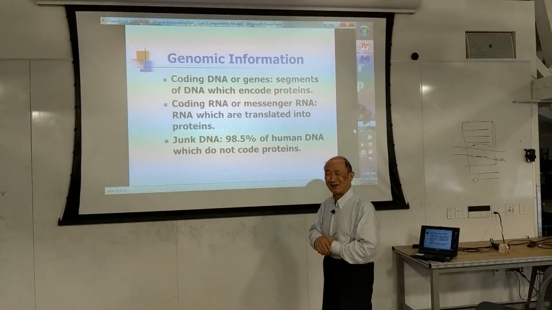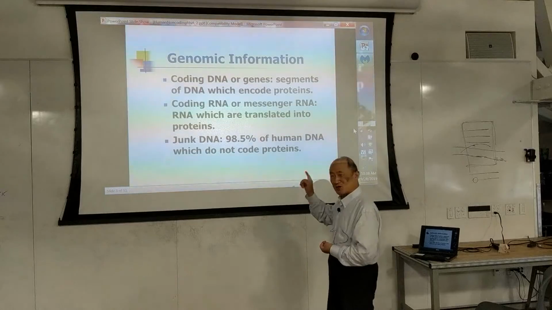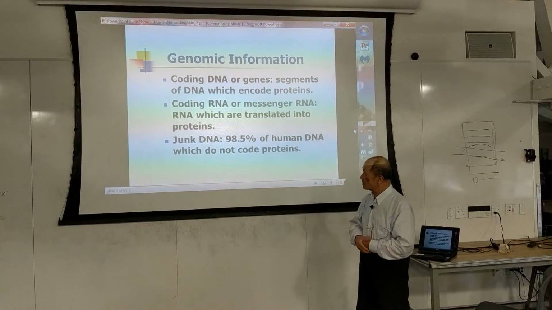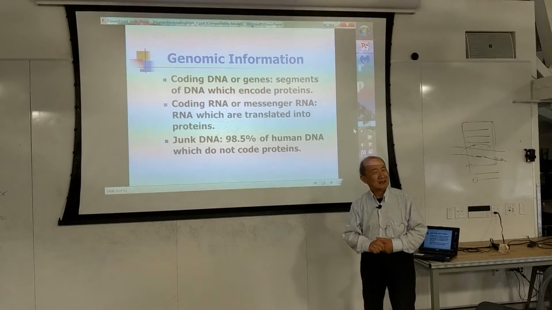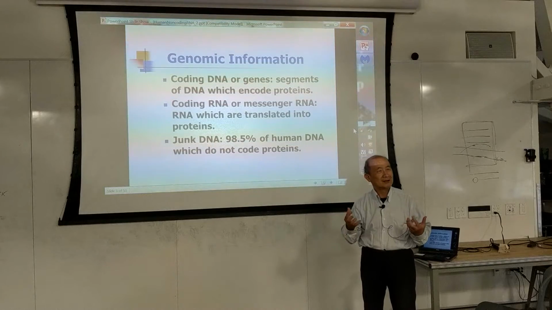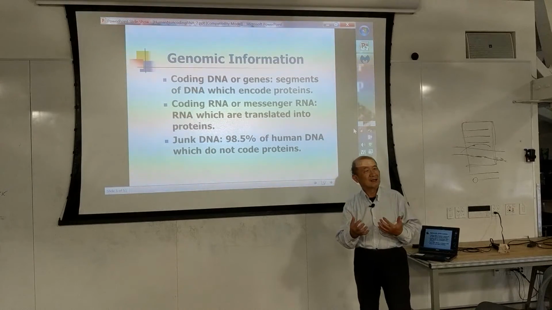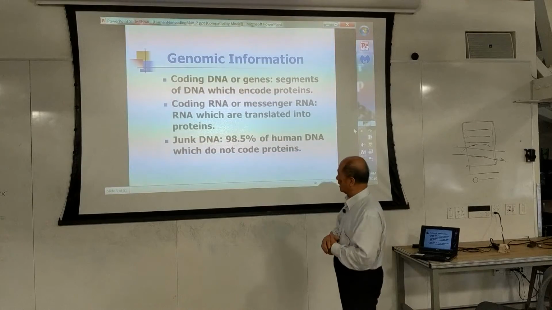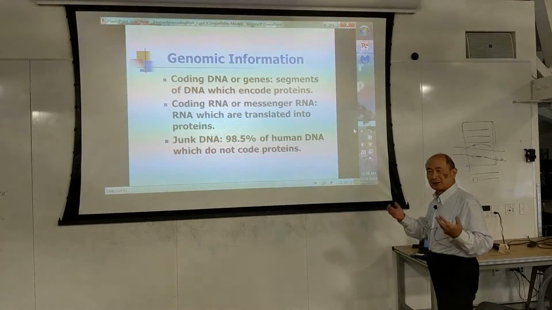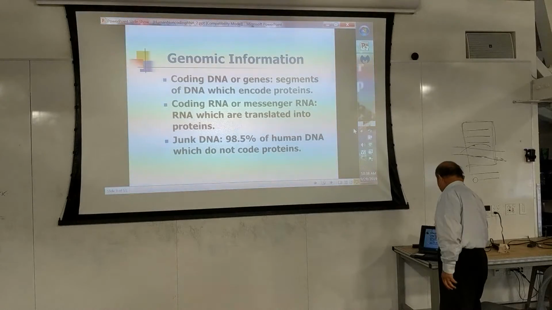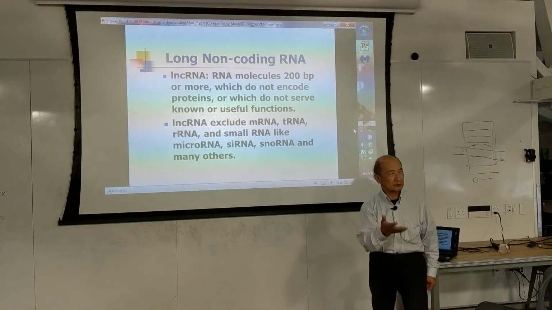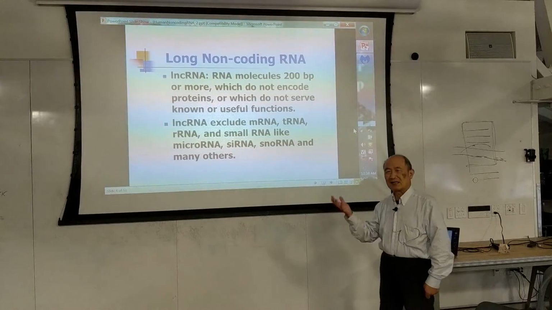But much later, people realized the junk DNA is really not junk. There is information in it, and there is important information in it, which we just don't understand, because the idea is that the purpose of DNA is to make protein, and things that do not support protein production are useless.